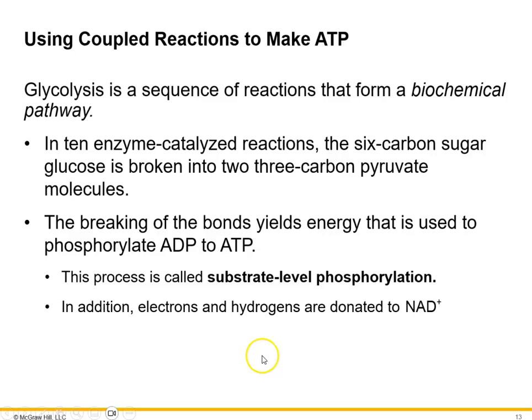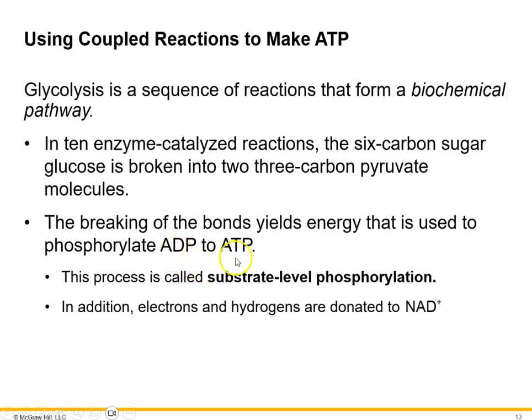There are actually 10 enzyme catalyzed reactions happening. The 6-carbon sugar glucose is going to be broken into 3-carbon pyruvate molecules. And the breaking of the bonds is what yields that little bit of energy that is used to phosphorylate ADP into ATP. Remember, adenosine diphosphate is ADP because we've got 2 phosphates.